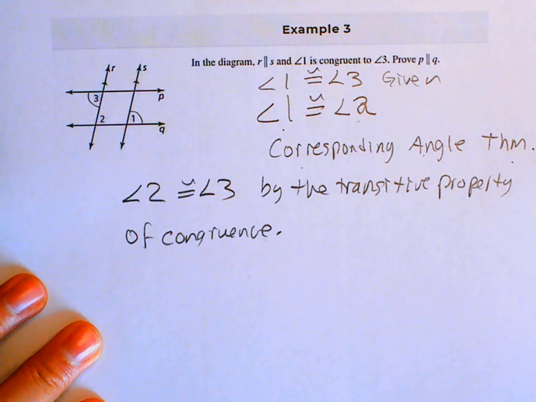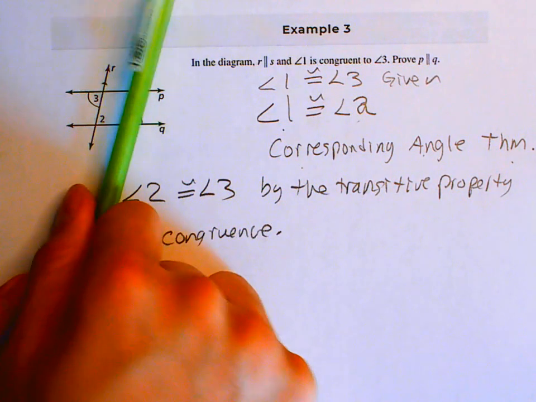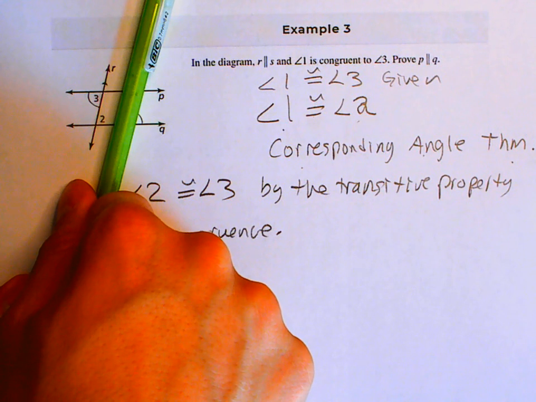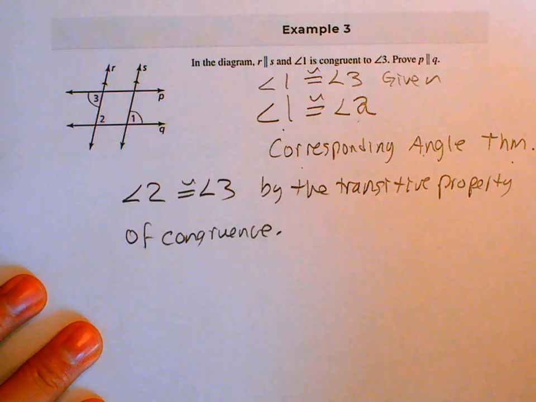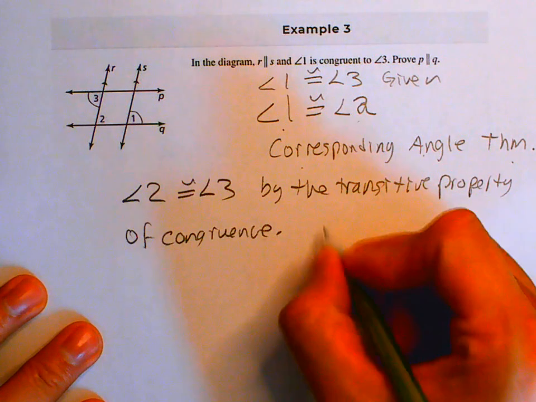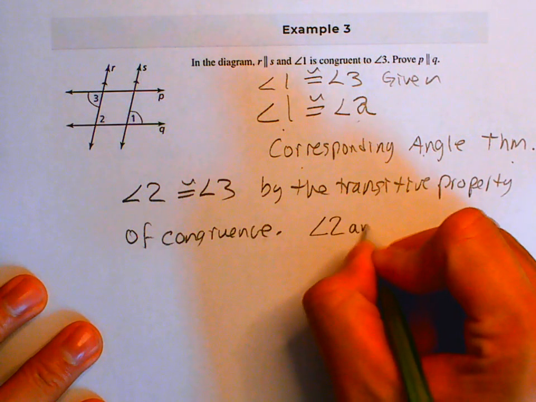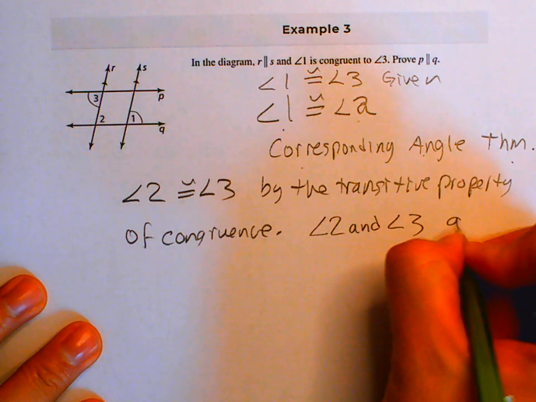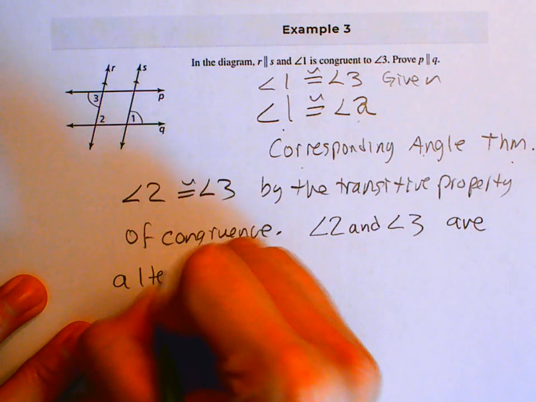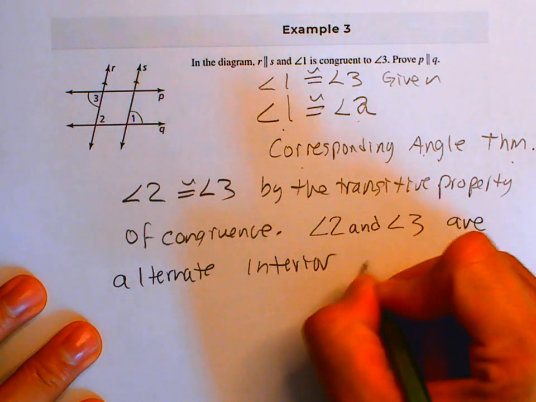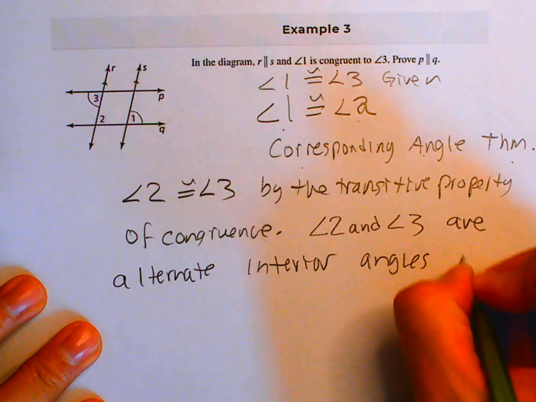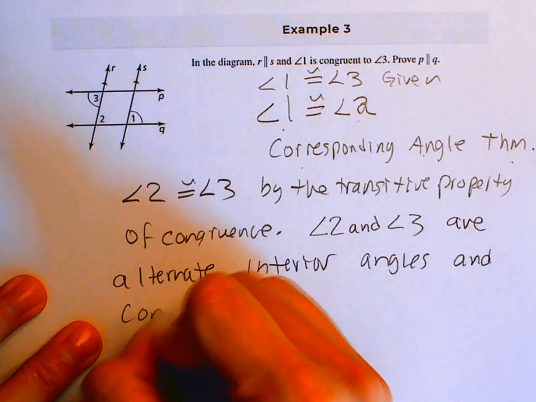Okay, so here's the thing. If I were to put a little line like that, if 2 and 3 are congruent and they're also alternate interior angles, that will imply that both P and Q are going to be parallel. So we can state that angle 2 and angle 3 are alternate interior angles and congruent.